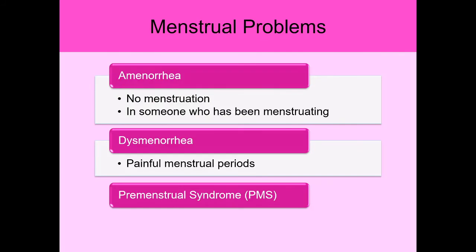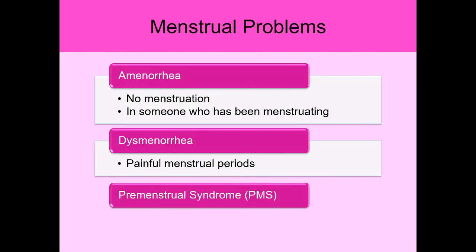And then we have premenstrual syndrome, which is not technically part of menstruation, right? Because it's premenstrual syndrome. It's something that happens before the menstrual period. Usually it's going to be the 2 to 3 days prior to the onset of the period.